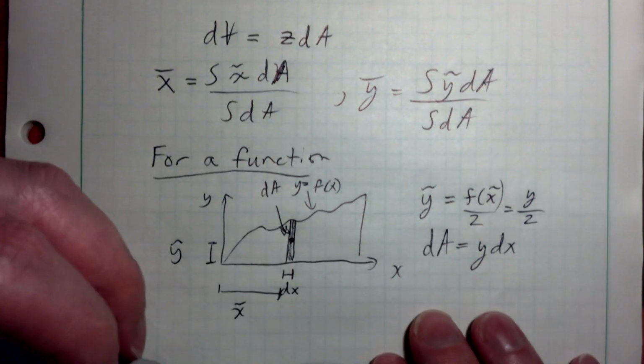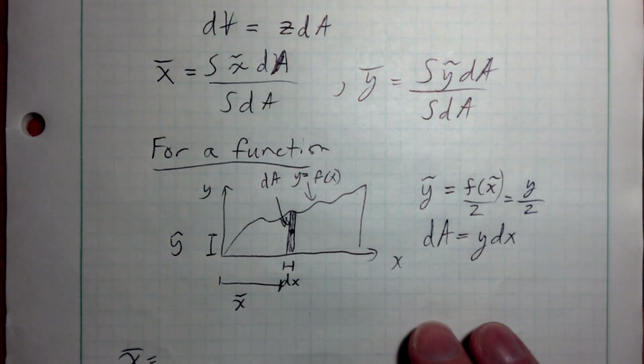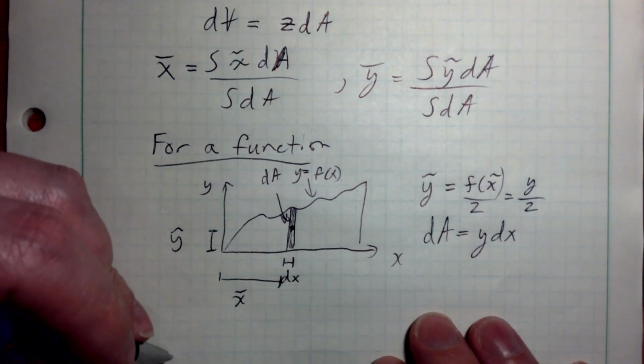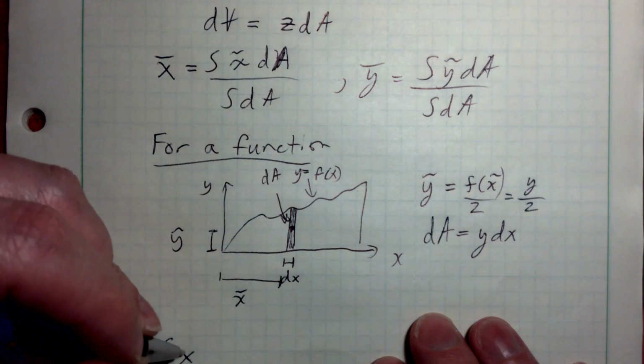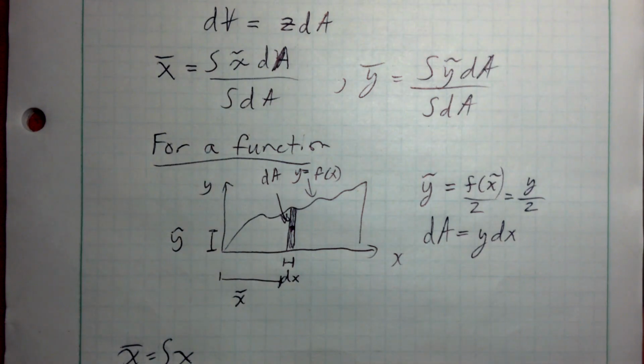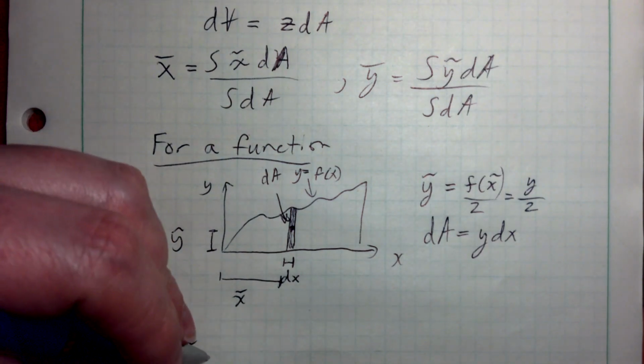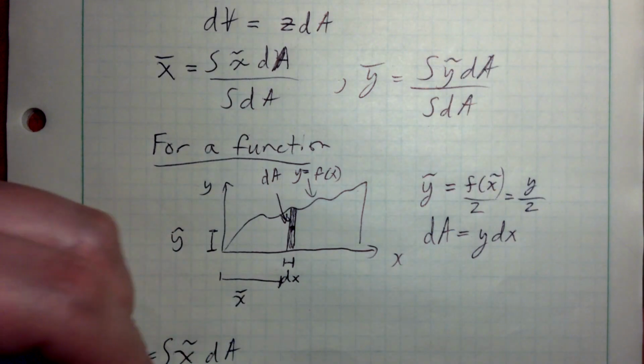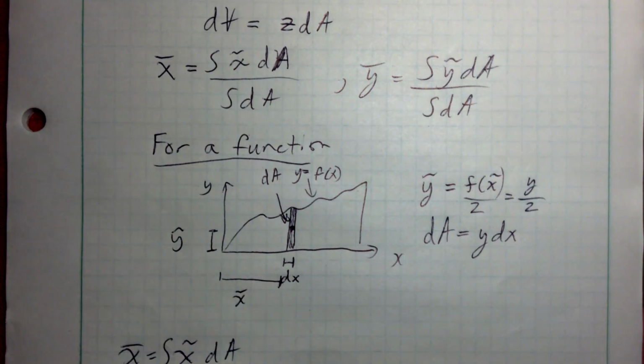So here I've got my x bar. Then I can find it as the integral where I take x tilde dA divided by the integral of dA.